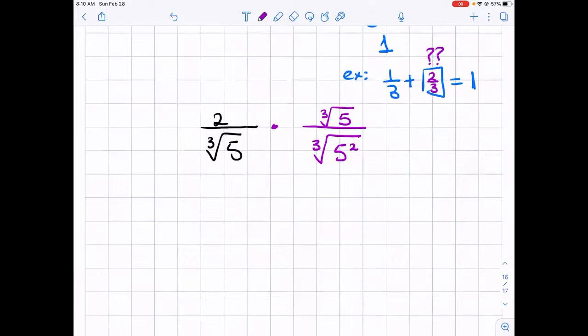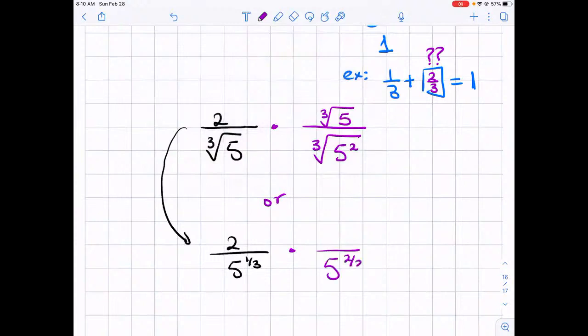In exponential form, that is 2 over 5 to the 1/3 power, multiplied by the conjugate, which is 5 to the 2/3 power.